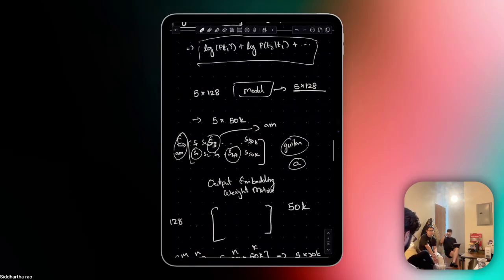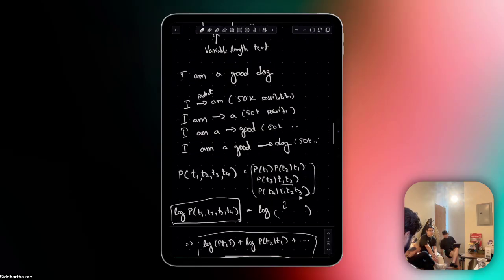Because we're decomposing, like we talked about here, the word I is only trying to predict the word am. So there is no way we are going to design an architecture that can look ahead and see the answer. We want to explicitly teach it: make the prediction, and then we'll tell you what the ground truth is.